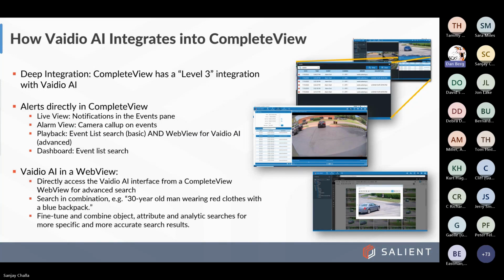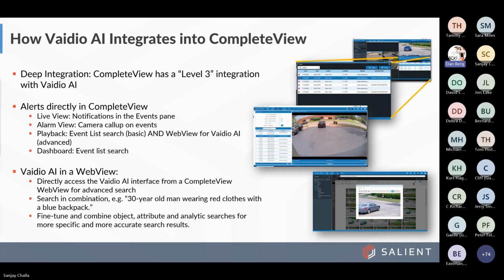In playback, the event list search that we introduced in 7.3, and also web views as well. We're going to show that in the demo here. And also dashboard. You can do event searching in dashboard, and those Vaidio events are going to show up there. So in the web view, this gives us that level 3 integration, where we can directly show the Vaidio interface.